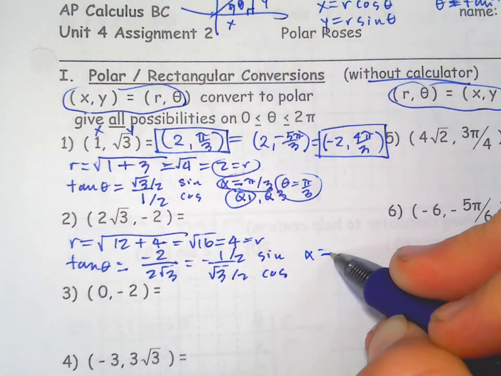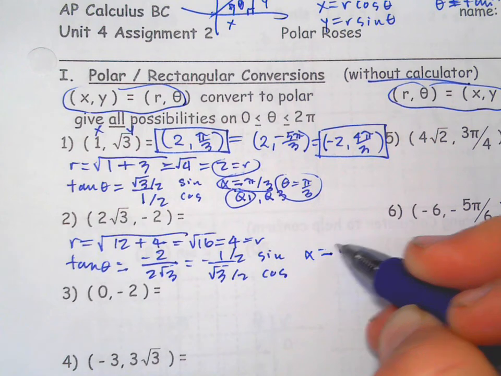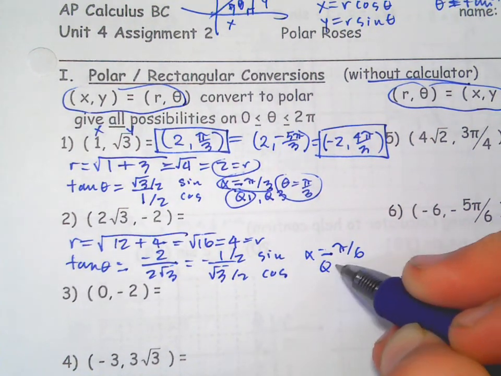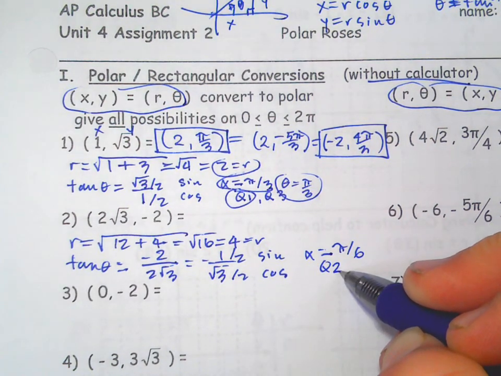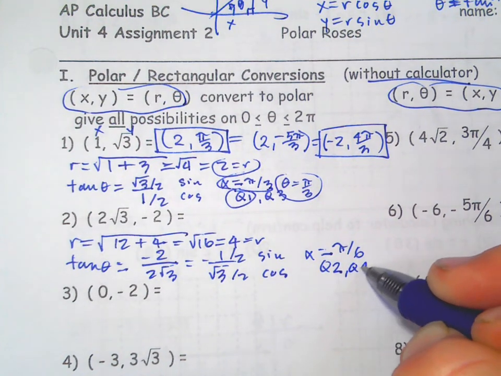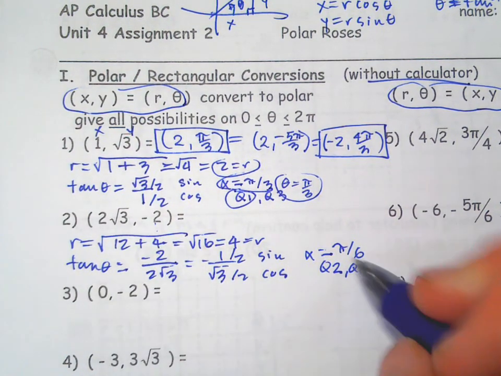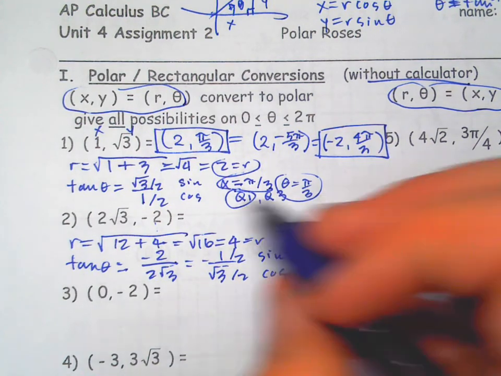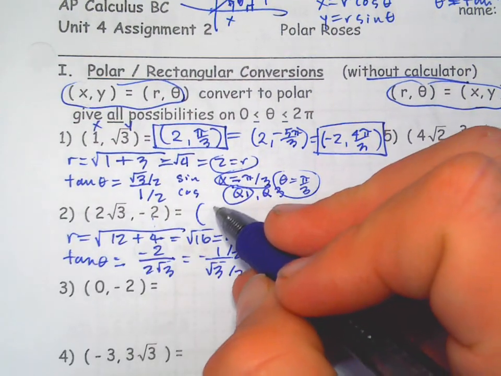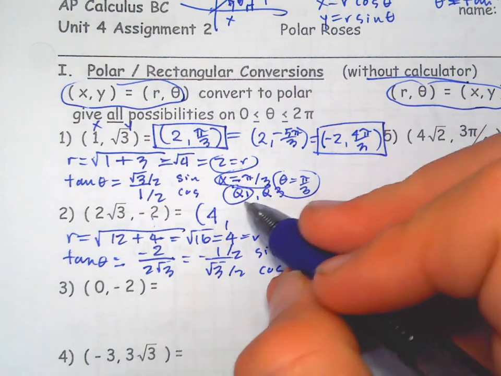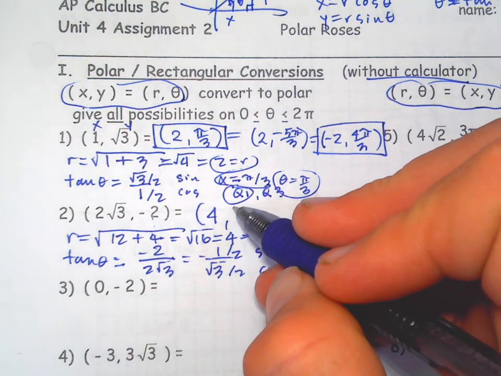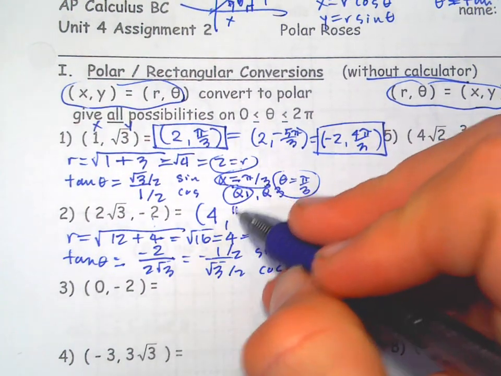So alpha equals pi over 6, and quadrant 2, where sine is positive, cosine is negative, or quadrant 4. Now this is to the right and down. This is quadrant 4. Definitely quadrant 4. So the radius is 4. Quadrant 4 would be, let's see, 11 pi over 6.